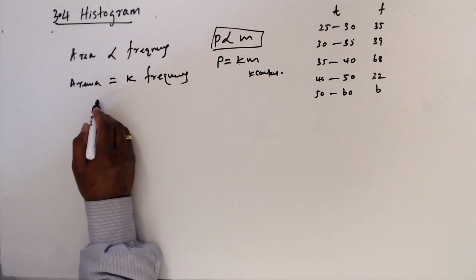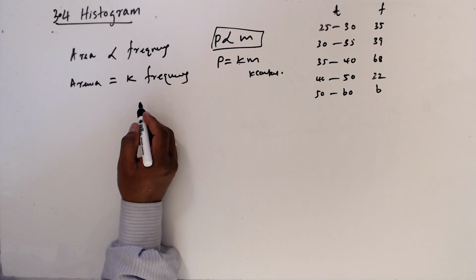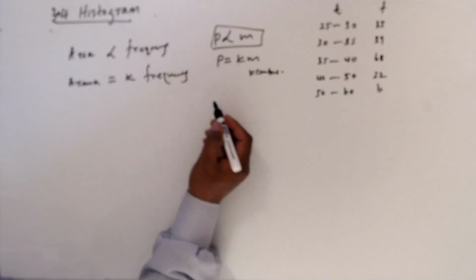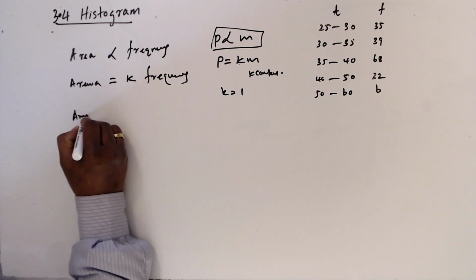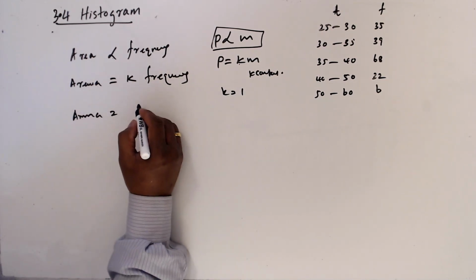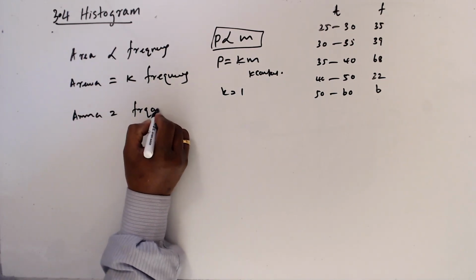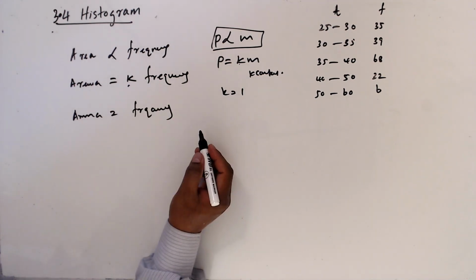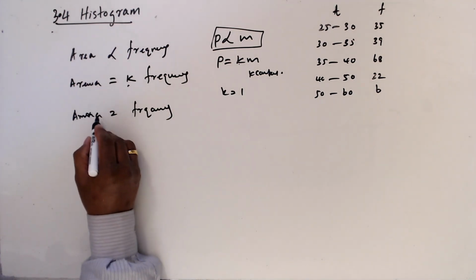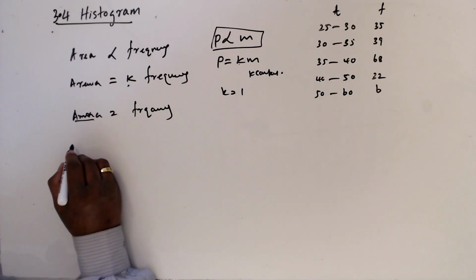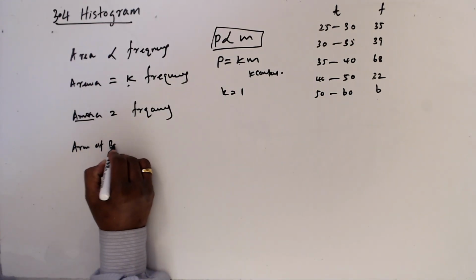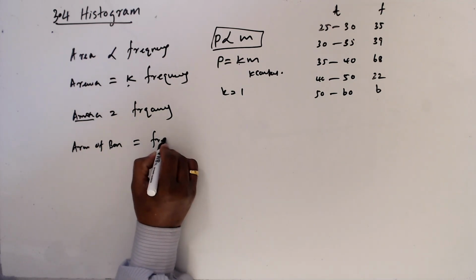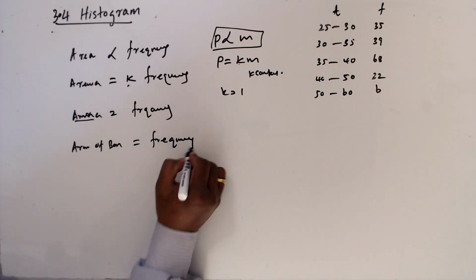Usually we work with K equal to 1. Then area equals frequency. What is this area? We are using the shape of a box, so area of box equals frequency.